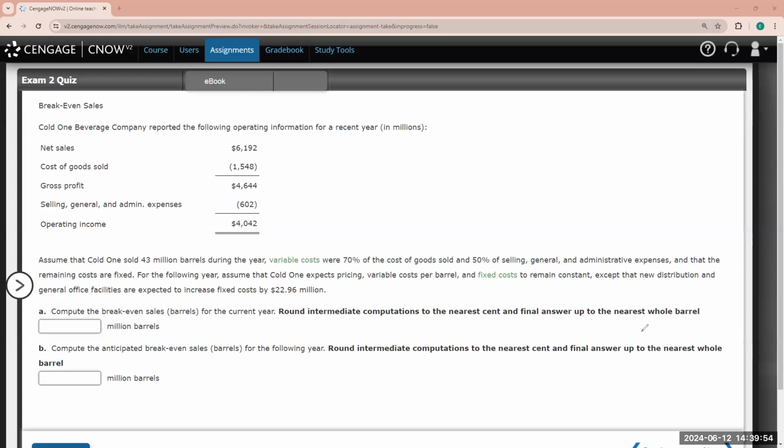So one thing we know about our break-even sales, the formula is as follows. Break-even sales equals our fixed costs divided by our unit contribution margin.